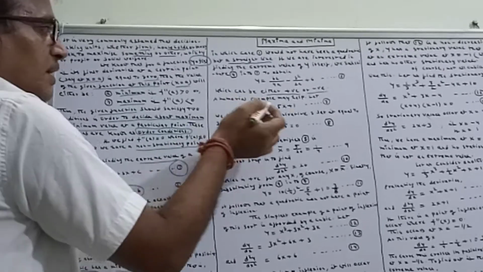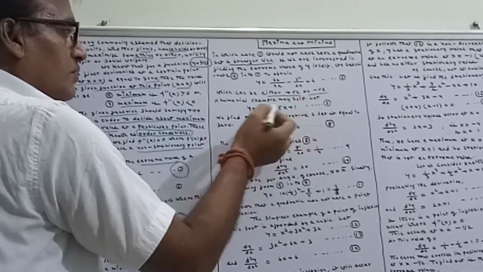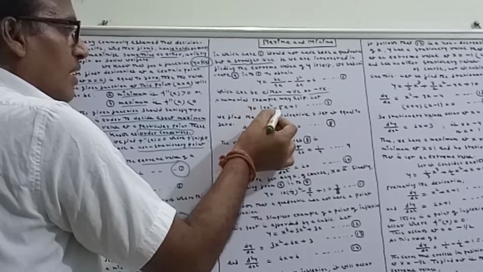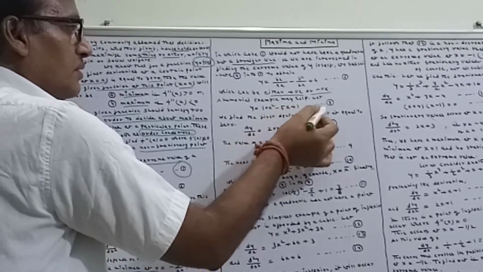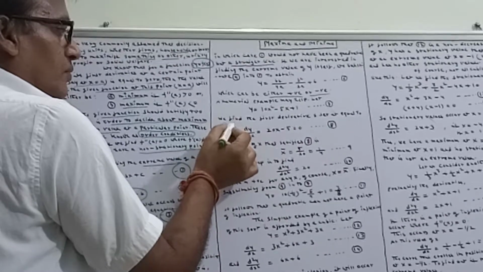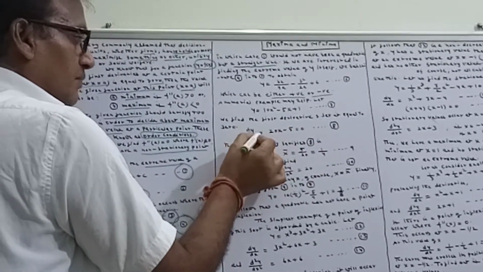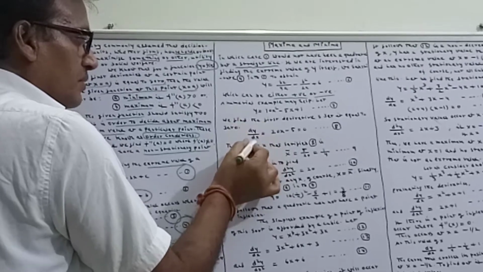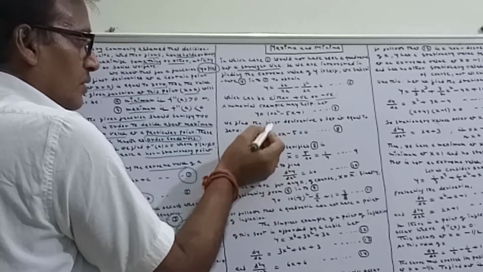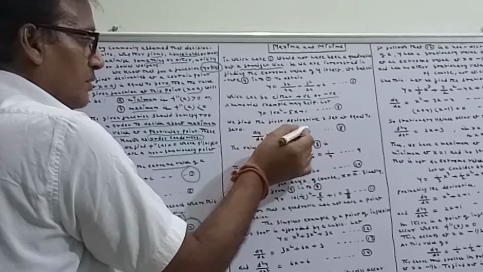Now a numerical example may help. Let us take y equal to 10x square minus 5x plus 1. We find the first derivative and set it equal to 0. The first derivative, differentiation of y with respect to x equal to 20x minus 5 equal to 0.